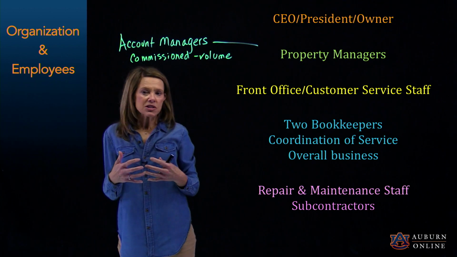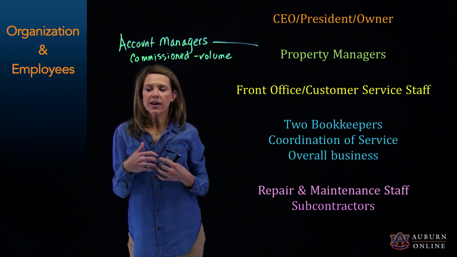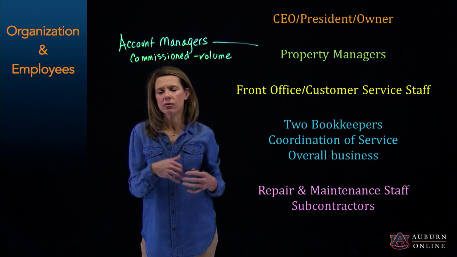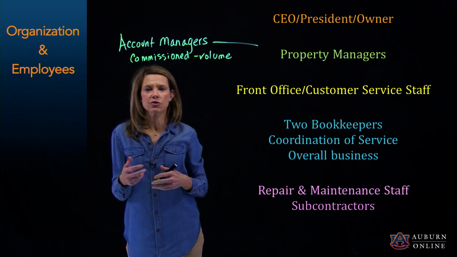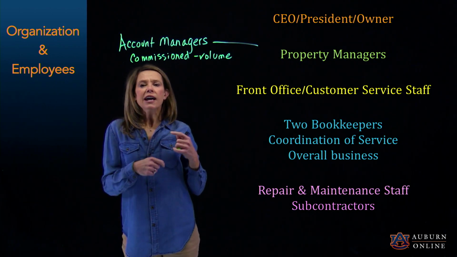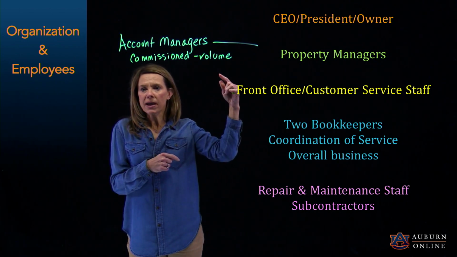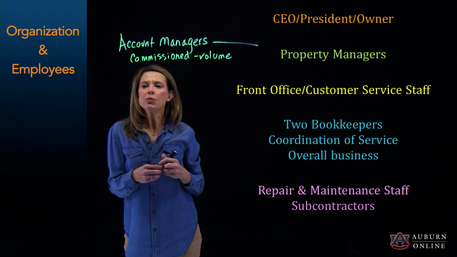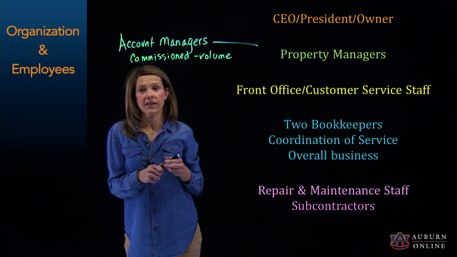They are the first line of defense for questions. If a renter comes in and says, I'm having a problem with my apartment, or there's a plumbing problem that needs to be addressed, they are the ones that are receiving that complaint and then forwarding that up to the property manager to say, what do you want to do about this? So we've got two key people who really serve as the face of the company.